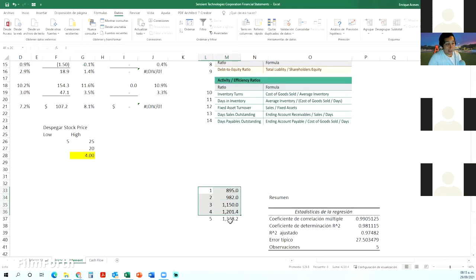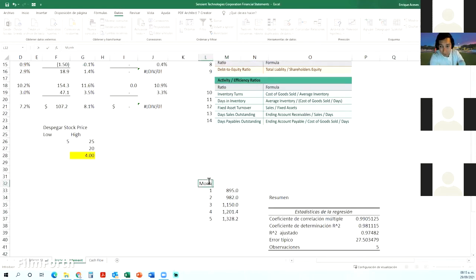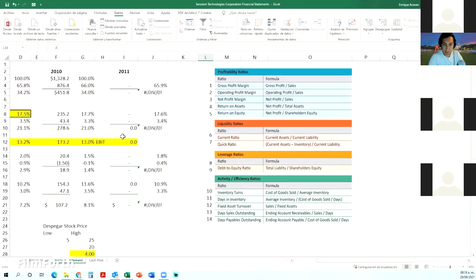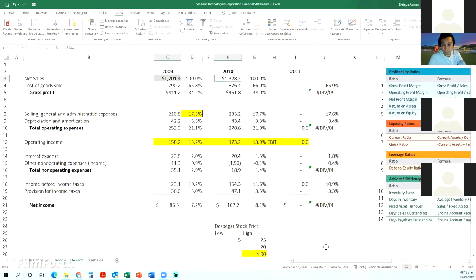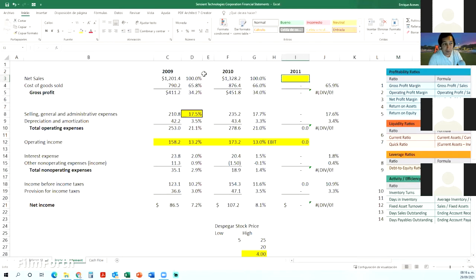I gave you this data. This is made-up data for months. No, years, sorry, years, because we're measuring levels of sales in years. Because this one is 2009 and 2010. Remember? And what we want to know is 2011.